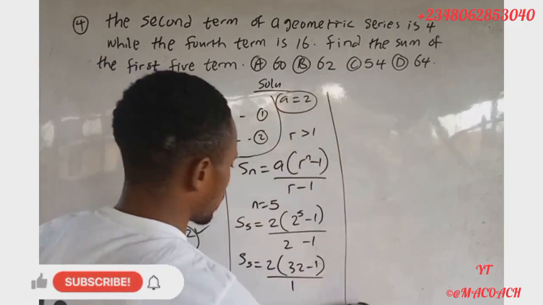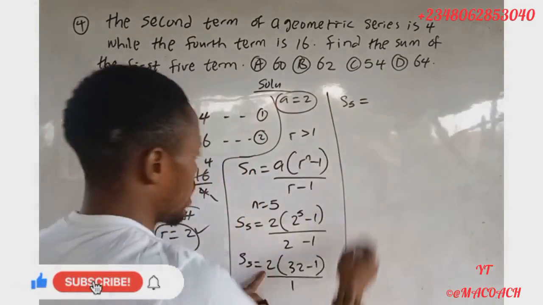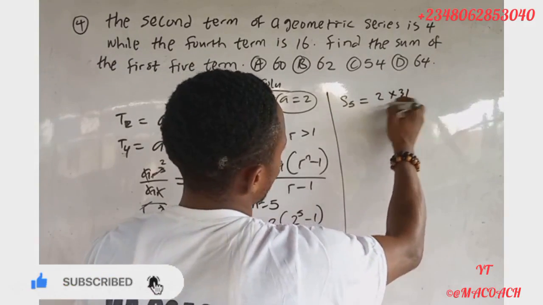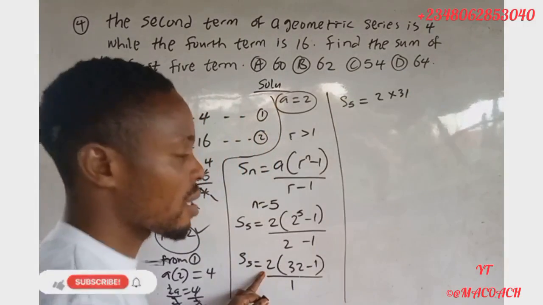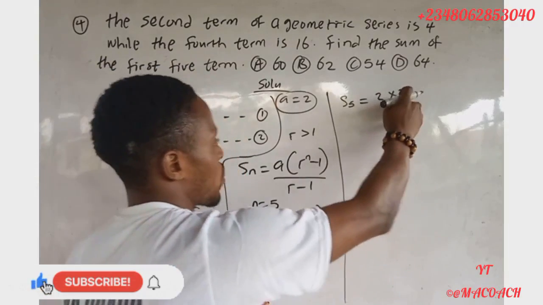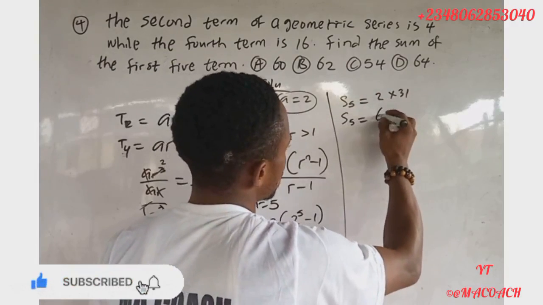So we have 2 times 31 divided by 1. Dividing by 1 changes nothing, so let's just multiply 2 times 31, we get 62. So our sum of 5 is equal to 62.